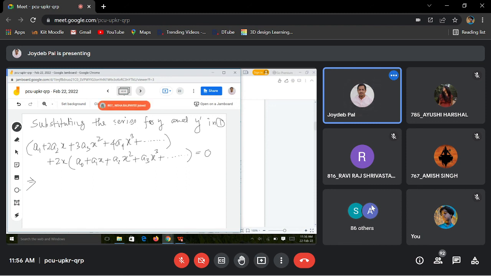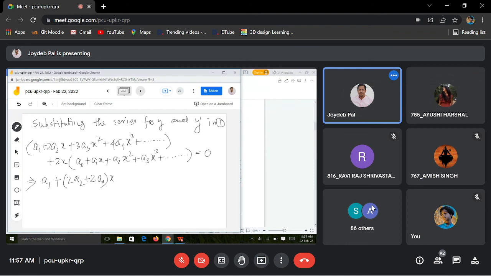Okay. Now देखो, पहला सीरीज में a1 constant है, and are there any other constant? No. So a1, it is a constant term. Now coefficient of x. What is the coefficient of x here? In the first series it is 2a2, and in the second series it is, 2x देके multiply करने से क्या होगा? 2a0. Am I correct?